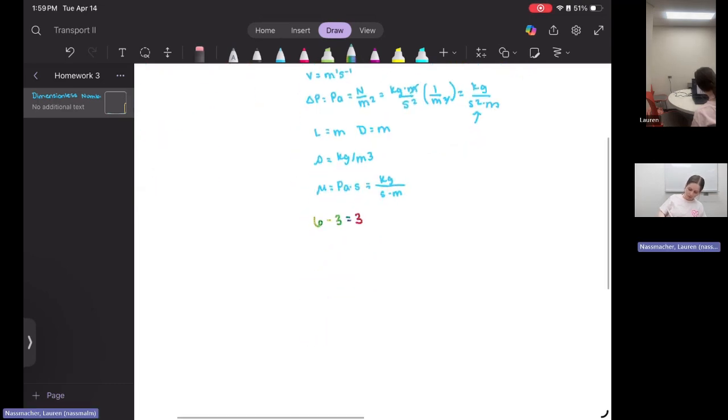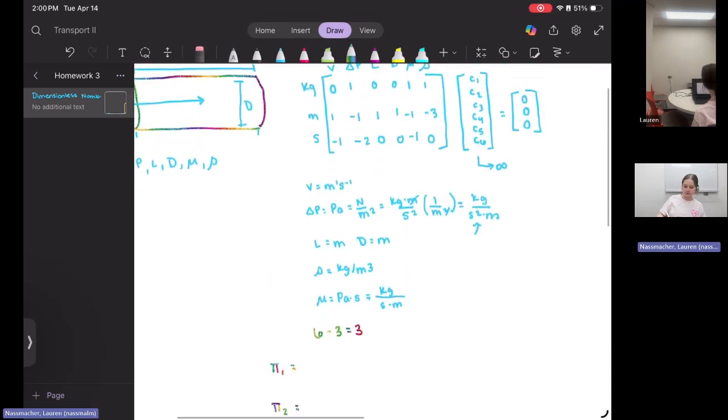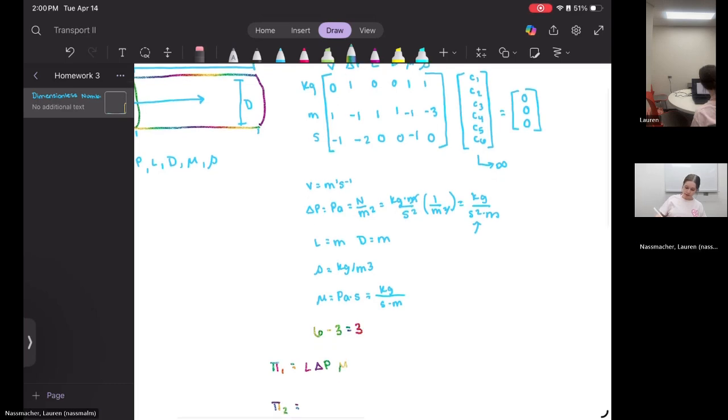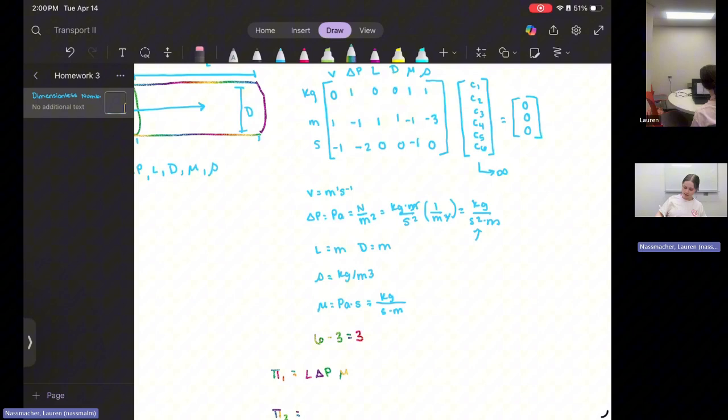And we have 3 equations we're trying to find, pi1, pi2, and pi3. That's how we denote them. So let's write out those 3 variables that we chose. Our length, our change in pressure, and our viscosity. And then we also have the rest of the variables, our velocity, our diameter, and our density.